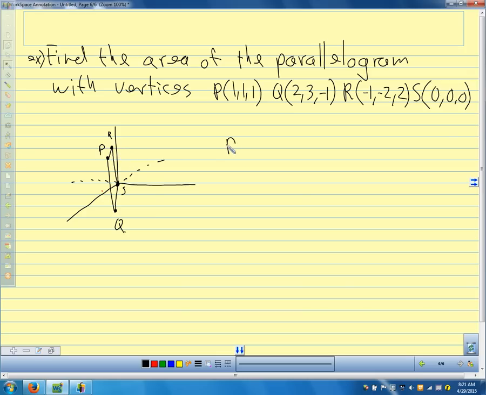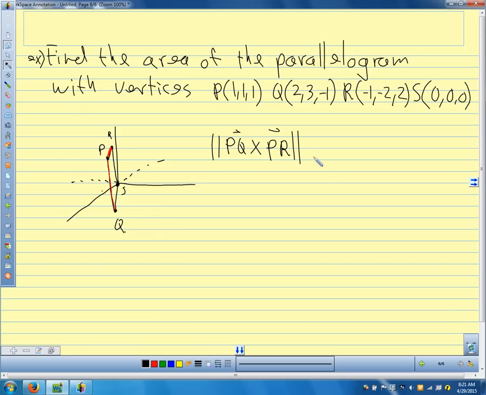I did the magnitude of PQ cross PR. So I did this vector and this vector as adjacent sides. So we found the magnitude of PQ and PR.